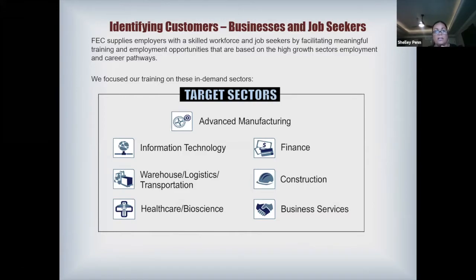Our sectors are advanced manufacturing, IT, warehouse logistics, healthcare, finance, construction, and business services. For all of our sectors, we have identified intermediaries. So we have KC Tech Council as an example for IT. For healthcare, we work with the Missouri Hospital Association. But ultimately, their role in this is to be a connector.